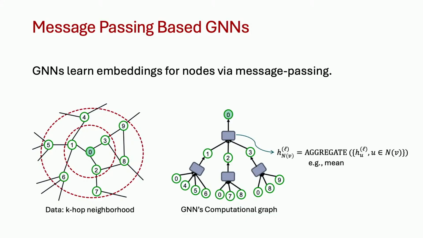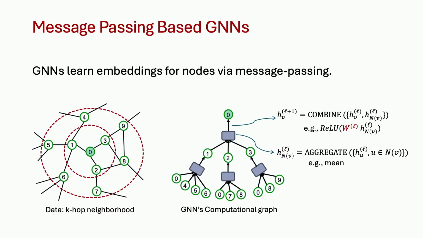To set up the notation, there is an edge of U, where U is a node at layer L, and there is some aggregation happening here. This can be something simple like the mean, and then we combine this aggregated message with node 0's message by something like ReLU, which is an activation function. Here the learnable parameters are shown with W.